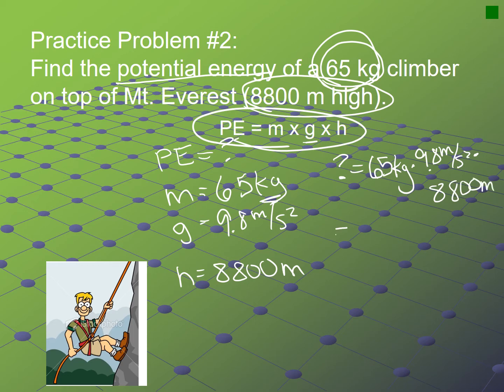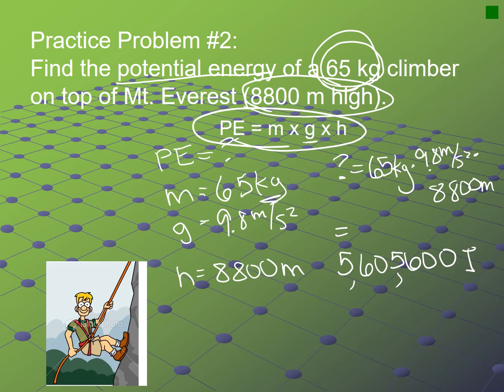Once again, all you have to do in your calculator is 65 times 9.8 times 8,800, and you get a huge number of 560,560. Make sure you add your J for joules as your final unit for your potential energy, and you get all those points.